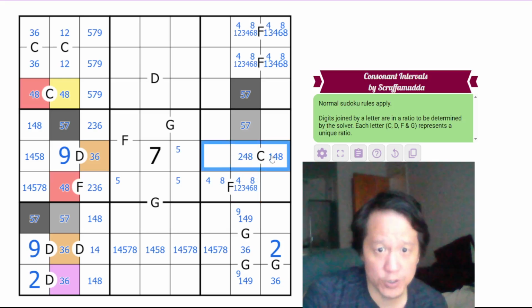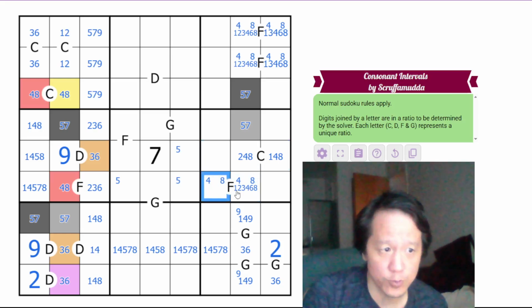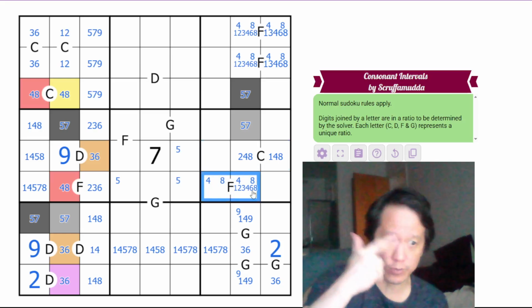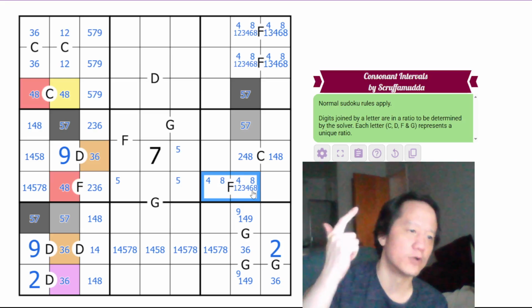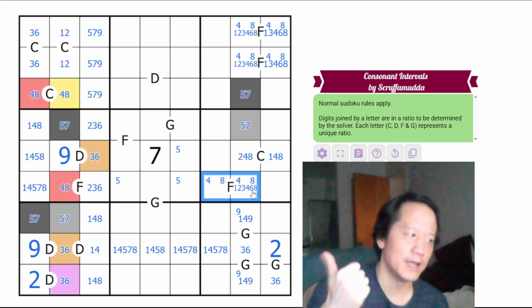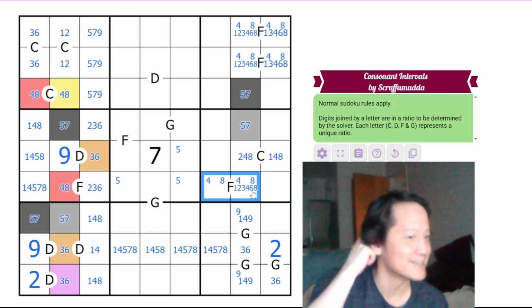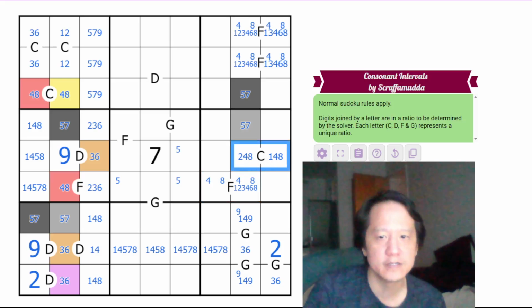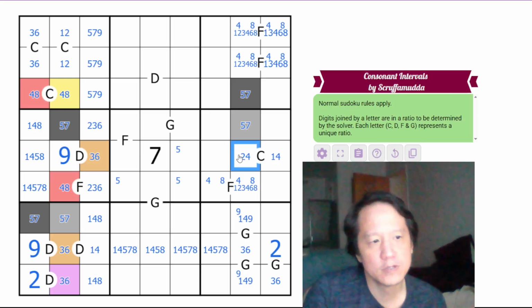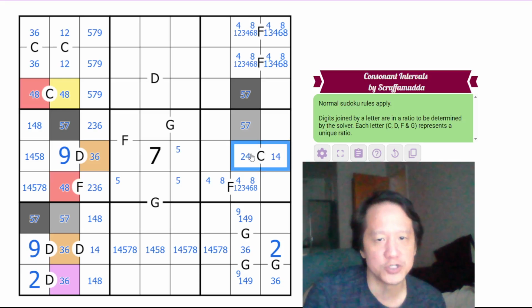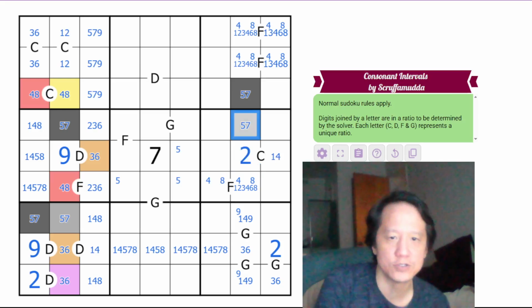If this was 4 and 8, that would eliminate all possibilities for this 1 to 4 or 3 to 4 ratio. 4 would have to be with 1 or 8 or 3. 8 would be with 2 or 6. So this cannot have an 8. Therefore, we are guaranteed this is a 2. This is a 1-4 pair. The only one with a 1 to 2 ratio with 1 or 4 is 2. So this is 2. This cannot be 2.